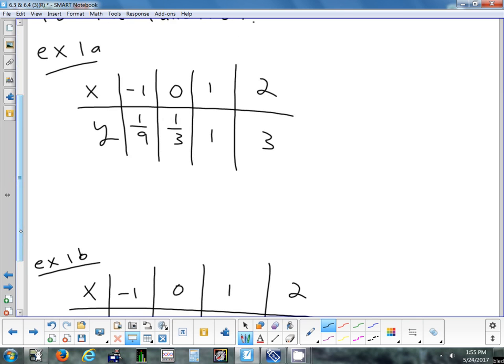Does that represent an exponential function, yes or no? How many people say yes? How many say no? How many aren't sure?